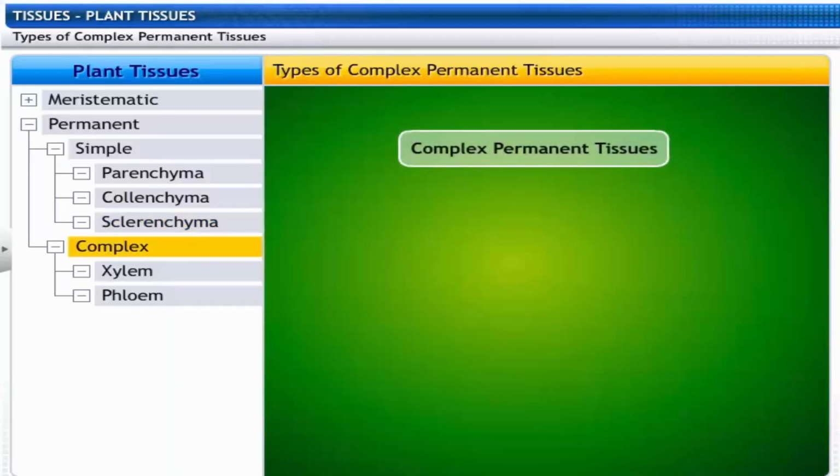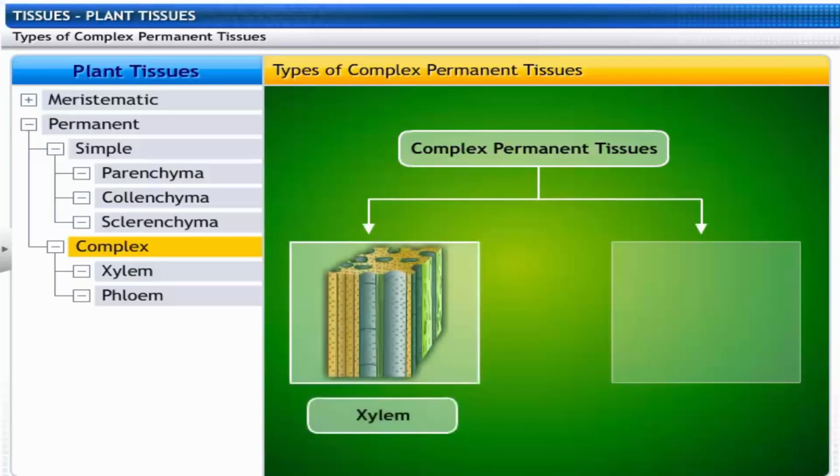Complex permanent tissues are made of more than one type of cells that coordinate together to perform a common function. These are of two types, namely xylem and phloem.